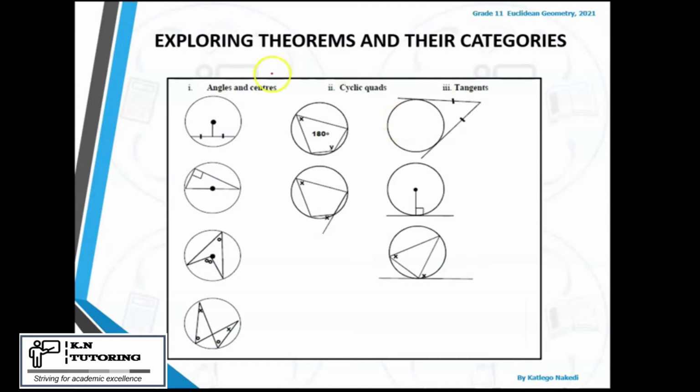So all the theorems that fall under angles and centers are these ones. Then we've got the second one, the family of cyclic quads, which is these two. And we've got the family of tangents, which is these three. Okay. So in this lesson, we'll focus on angles with centers.